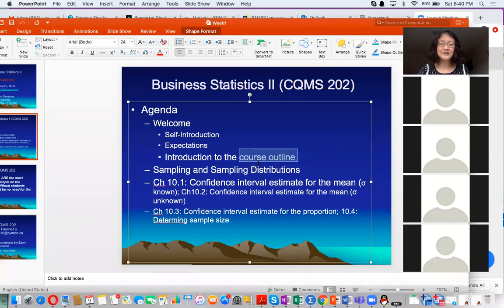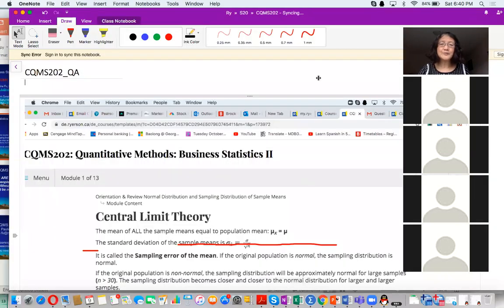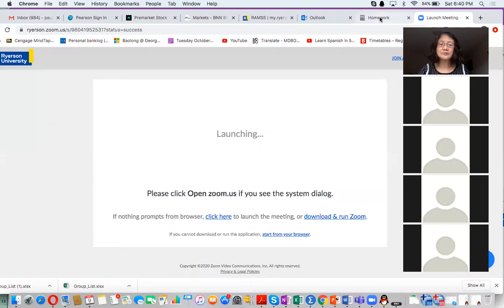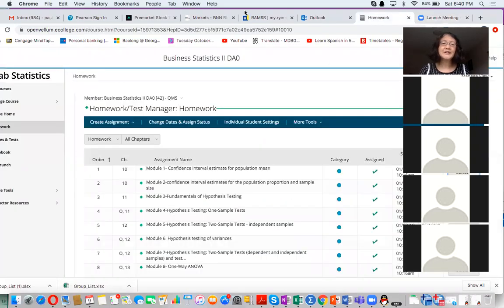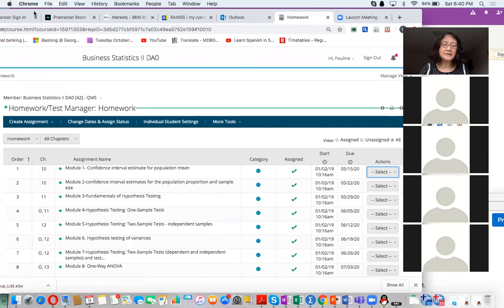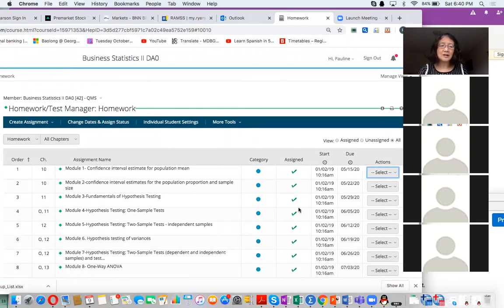Any other questions? Also, when is each MyStatLab module due for each week? I emailed you, give me 1 second, I can pull this out. See, I emailed you this one, okay? The first due date, can you see it? May the 15th.